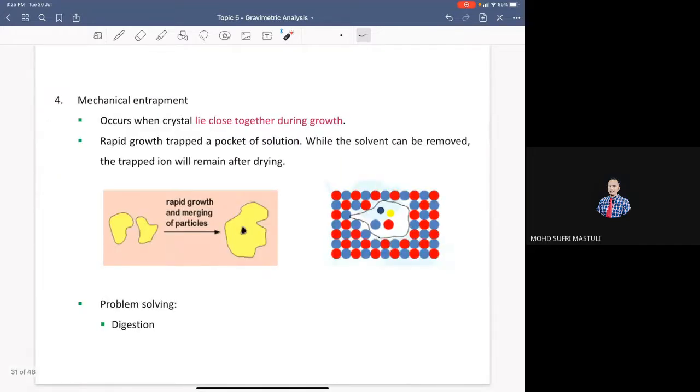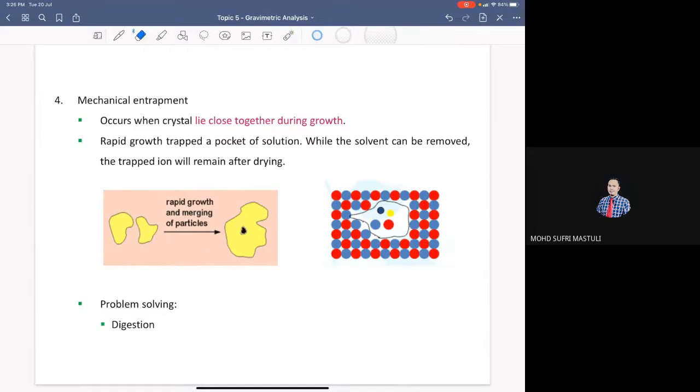Okay, lastly is mechanical entrapment. Mechanical entrapment can occur when crystals lie close together during growth. So let's say this is one crystal growth and this is another crystal growth. The rapid growth will trap a pocket of solution while the solvent can be removed. The trapped ion will remain after the drying.